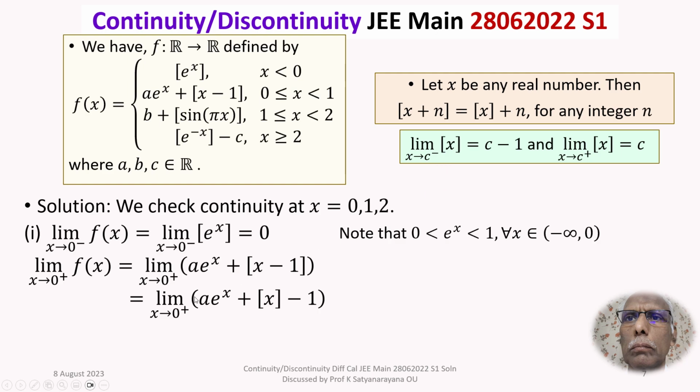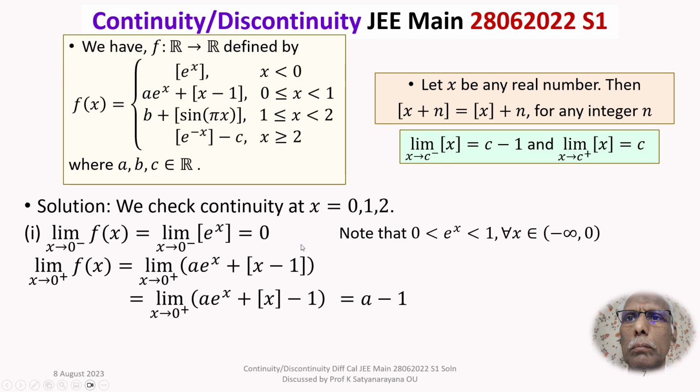So now the limit as x tends to 0 plus of [x] will be 0 only. The limit as x tends to 0 plus of a e^x is a e^0, because e^x is continuous, there is no bracket for this. Therefore, you can simply take it as a e^0, so a, and the limit as x tends to 0 plus of [x] is 0, minus 1. So a - 1.